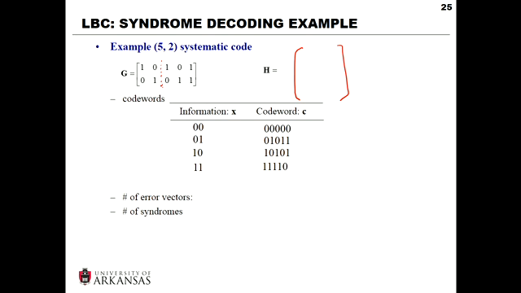Based on this, we can write our parity check matrix. If you recall, it's P transpose and I, so we are going to have 101, 011, and the I is, to be precise, an I of size n minus k.